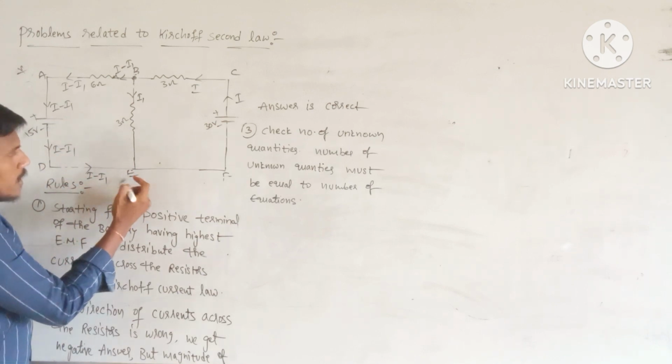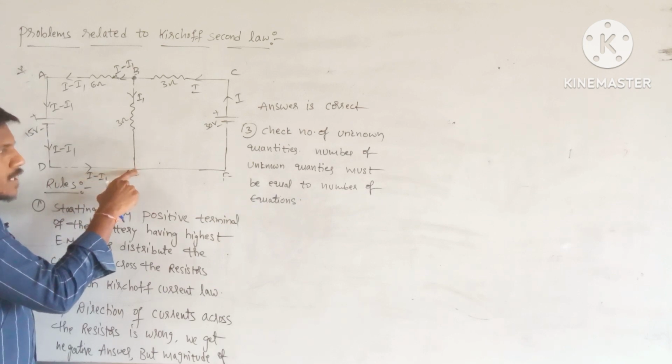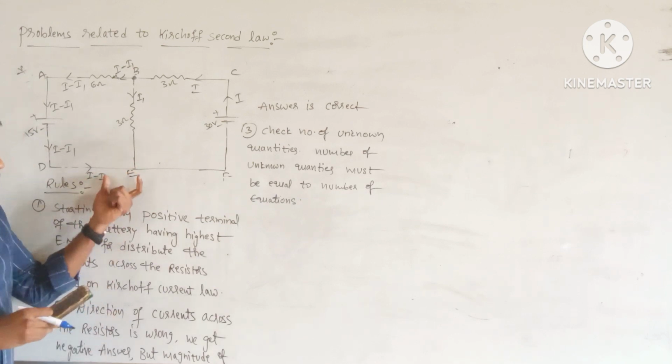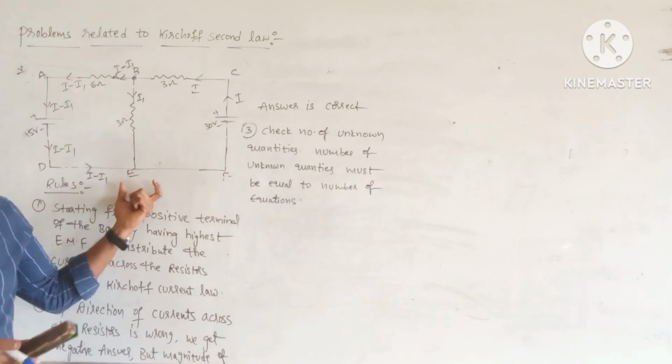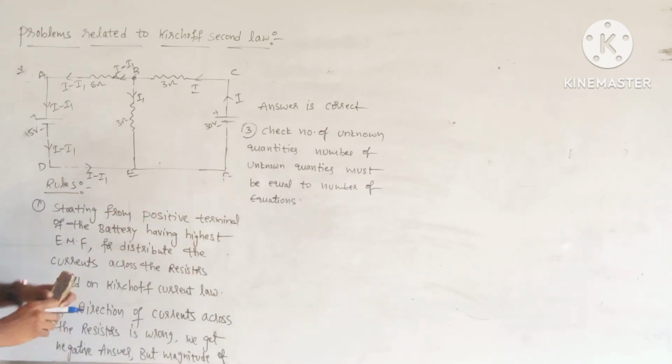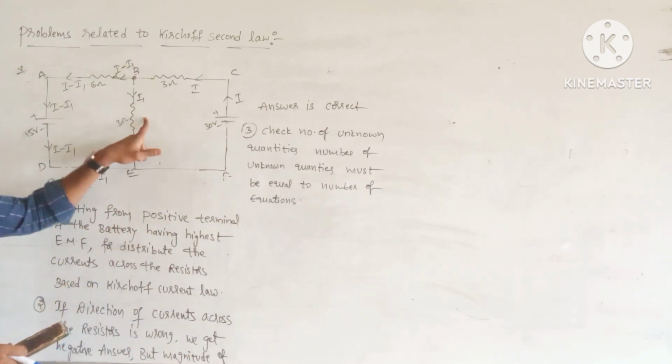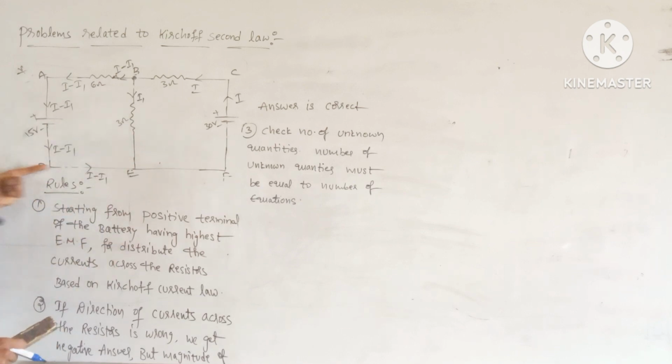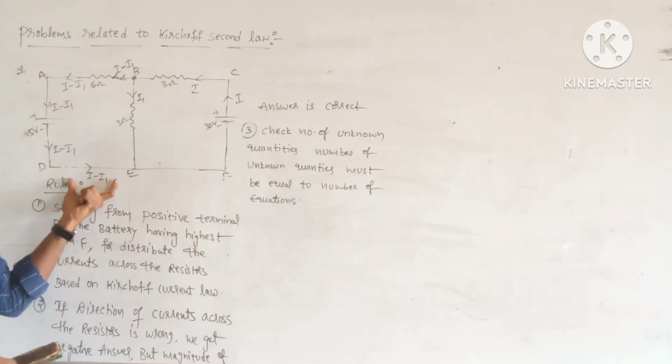Now again at point E, the current is divided according to Kirchhoff's current law. Through the 3 ohm resistor I1 current passes, and in this path I minus I1 current passes.